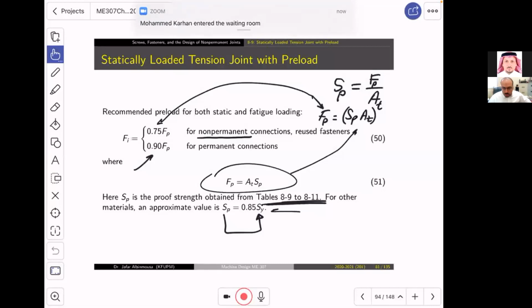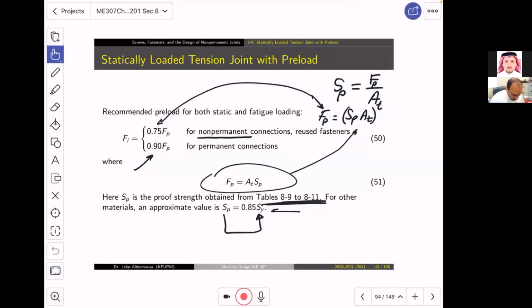When we finish fatigue, maybe by next class, we will talk about shear joints, which are bolted but subjected to shear loading, because everything here with respect to static and fatigue is related to tension joints. Then we will talk about shear joints.